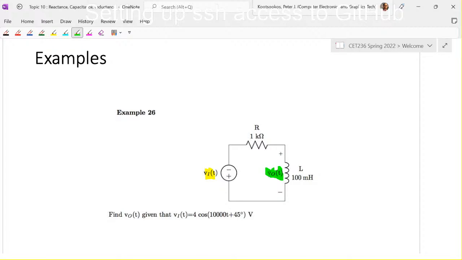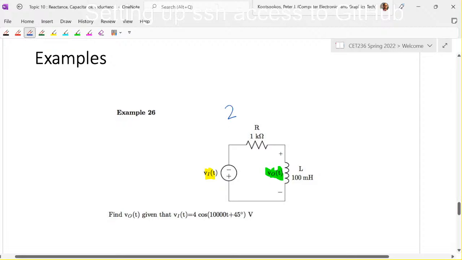Once you've got the current, there's only one current flowing through there, so you can just multiply the current by R2, and that'll get you the output voltage. We do exactly that, except now we've got to think about impedances. So we've got ZR equals 1000 ohms.